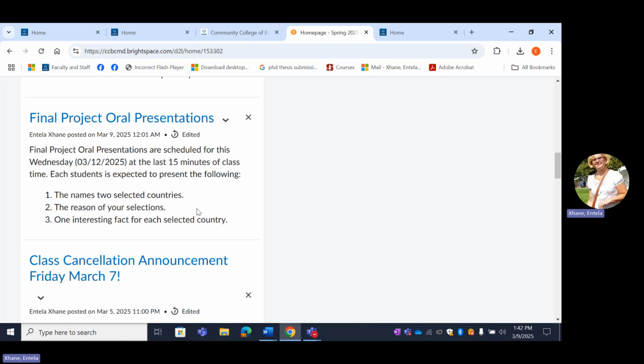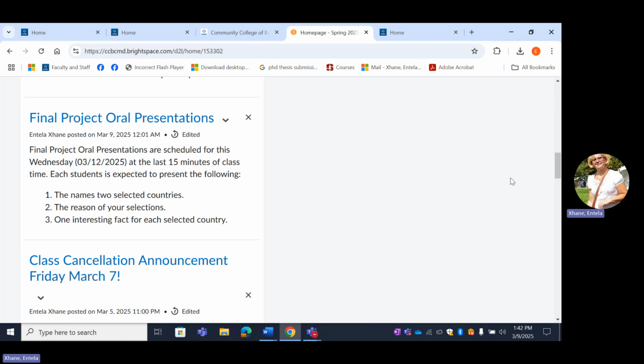You may end up saying no reason at all, or if you have a reason, just share it with us. And then one interesting fact for each of the countries. This cannot take more than 30 seconds, to allow everyone to complete within 15 minutes on Wednesday. That's going to add an additional point to your project.